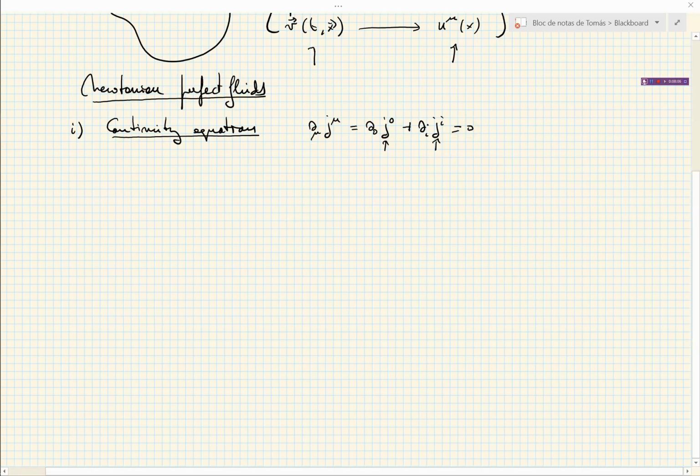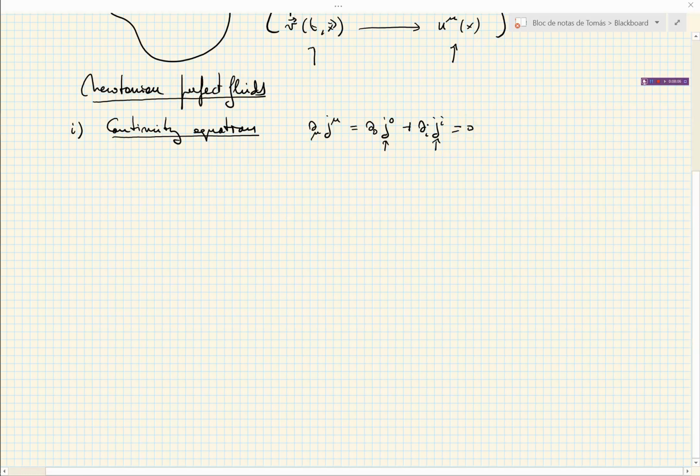You see that it has exactly the same structure as this equation that we studied in the context of the Noether theorem. Okay, it just expresses that the mass is conserved, just as this equation expresses the conservation of whatever charge is involved.